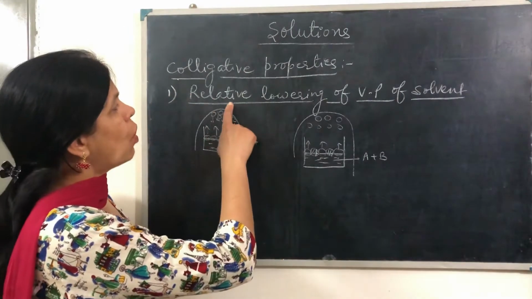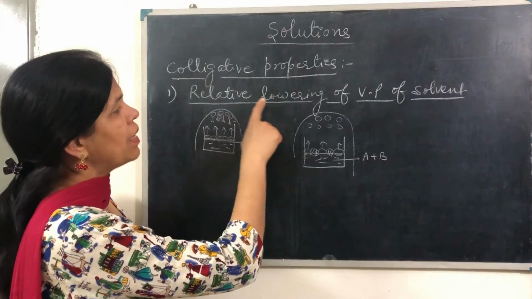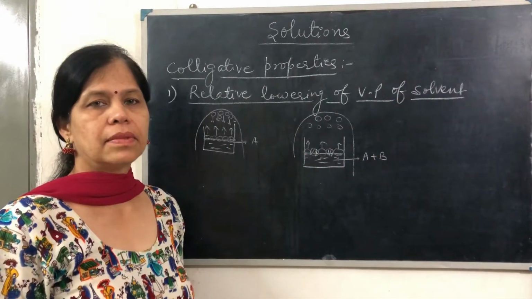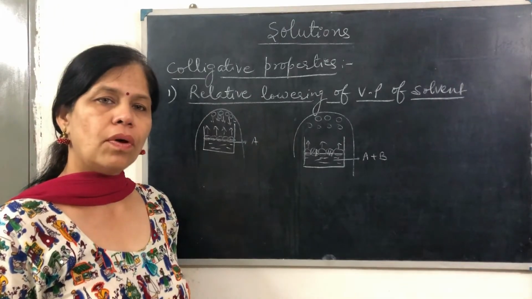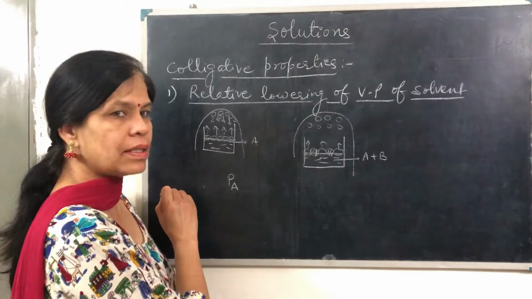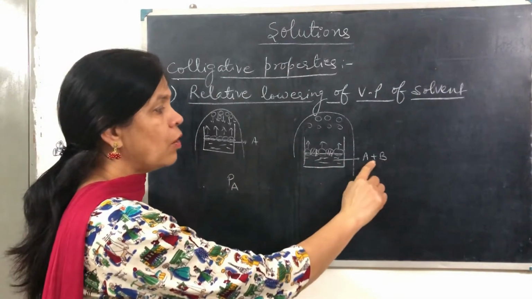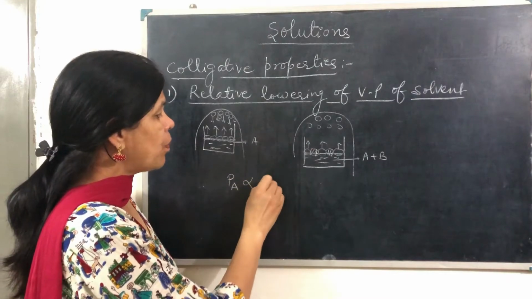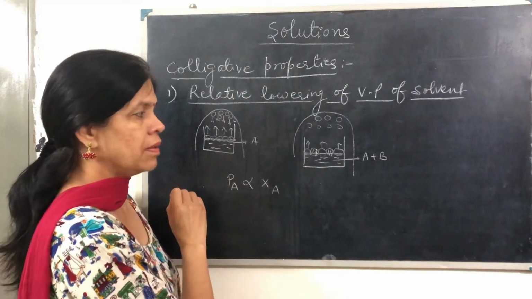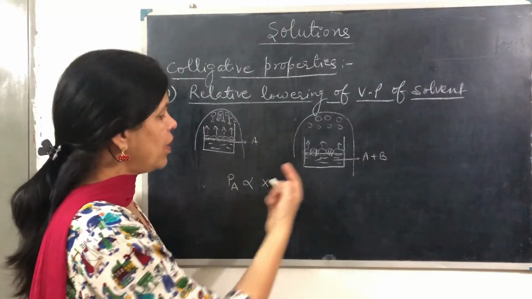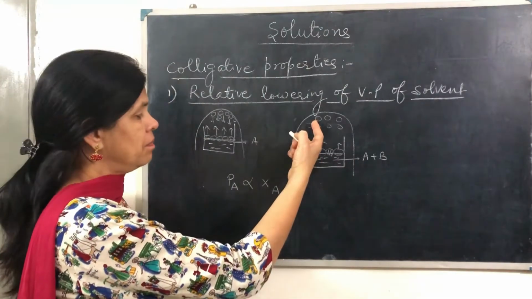So let's talk about this colligative property, relative lowering of vapor pressure of solvent. According to Raoult's law, we know that the partial pressure of the A component, when it is present along with B, because it has lesser vapor pressure, is directly proportional to its mole fraction. The more the number of moles of A component, the more is its vapor pressure here.